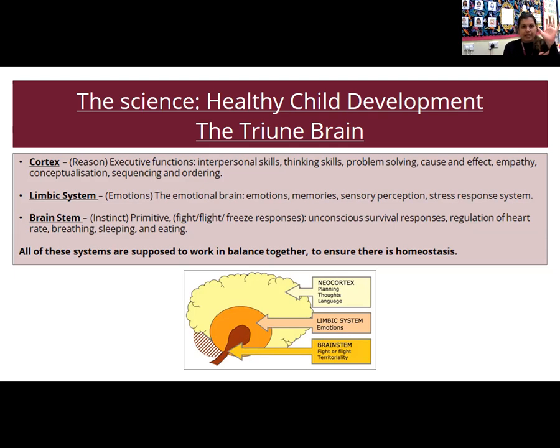So the brain stem is the fight, flight, freeze, the survival response, what we do when we're stressed. And we talk about stress in different ways. We can have healthy stress, so an exam, a challenge, a marathon, whatever that might be. But we also have unhealthy stress, which is prolonged stress or a mental health illness.